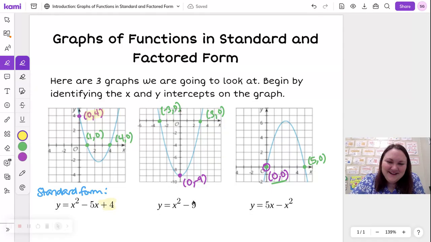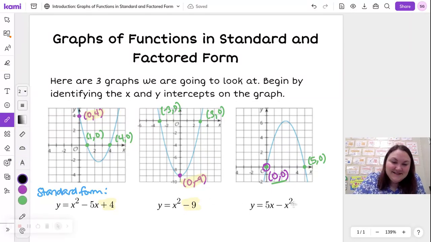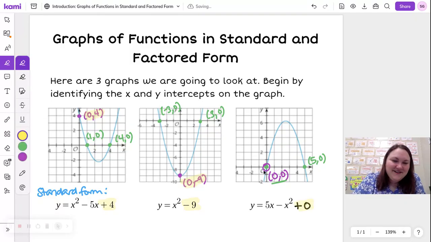For that second one, my constant is a -9, and my y-intercept is at -9. For that last one, I don't see a constant, which means my constant is 0, and our y-intercept is at 0. Looking at standard form helps you know where your y-intercept is. And that's very similar to what you already know about linear equations. The constant is the y-intercept.